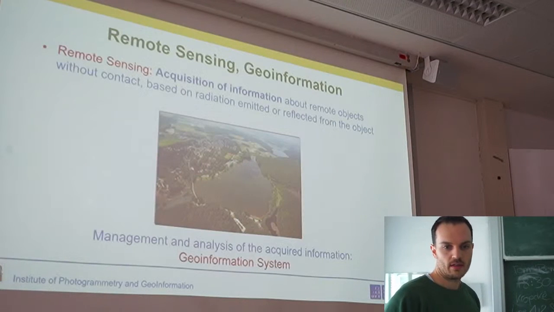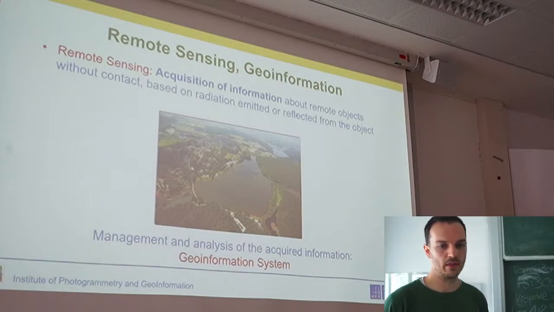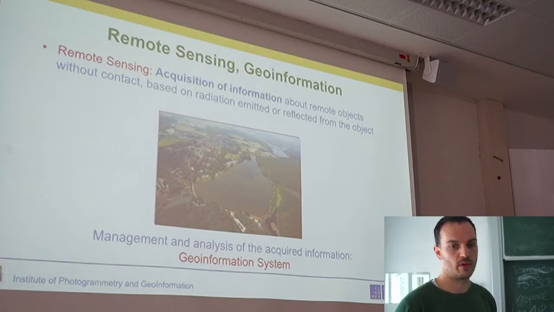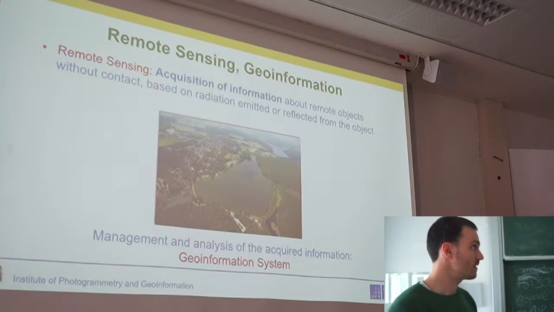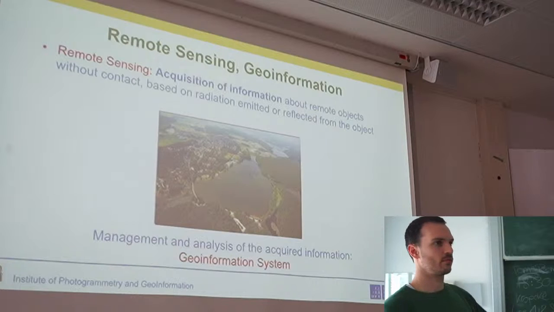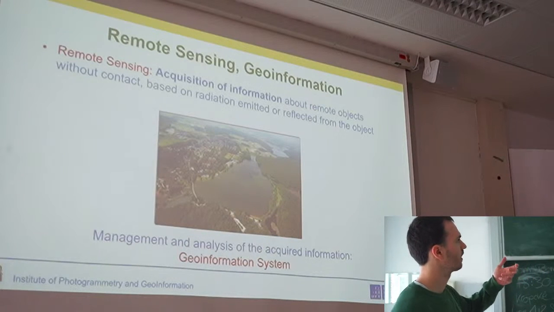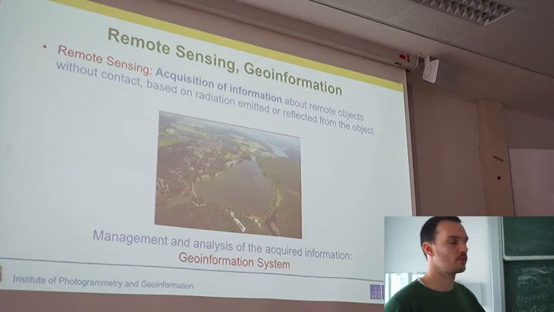Remote sensing is defined as the acquisition of information without contact, based on radiation emitted or reflected from the object. This can be active or passive. We have basically two variants. We can have passive sensors like RGB sensors, which use the radiation emitted from the sun, reflected by the object, then captured by the camera.